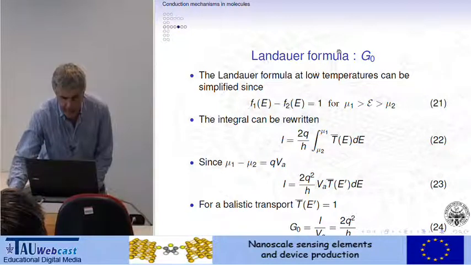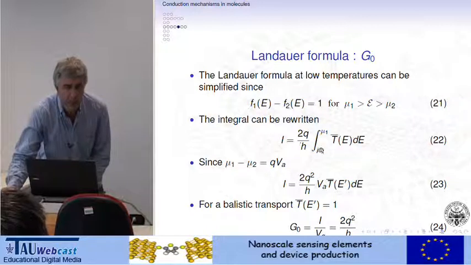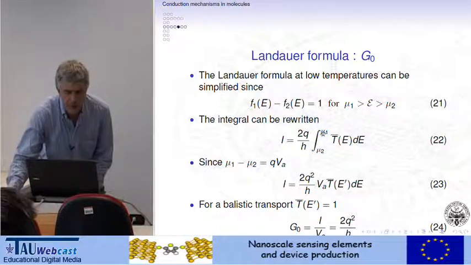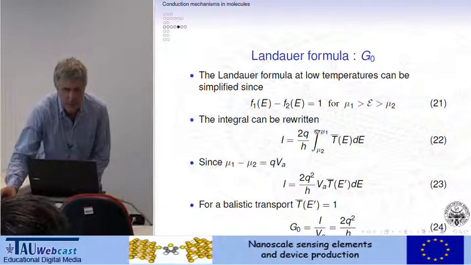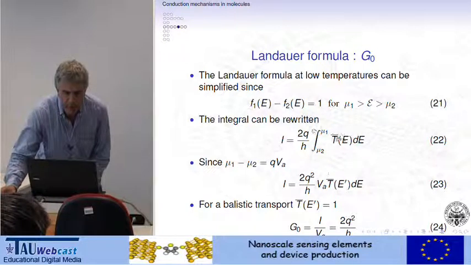So the integral can now be evaluated starting from μ2, the Fermi level on the right electrode, to μ1, that is the Fermi level in the source electrode, on the left electrode. In that interval, at low temperature, F1 minus F2 is equal to 1. So what must be evaluated in the integral is just the transmission probability between μ2 and μ1.